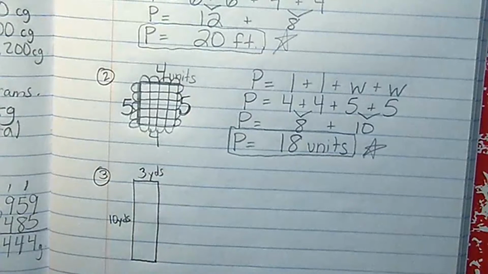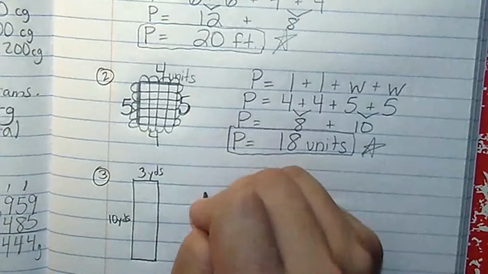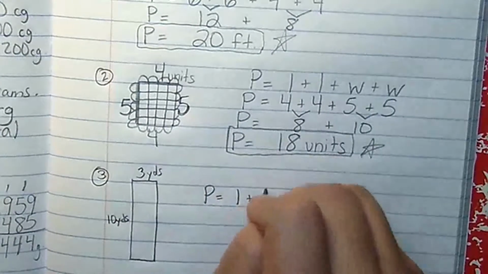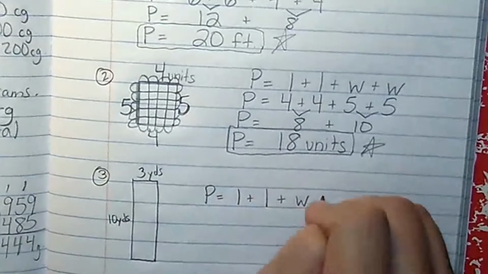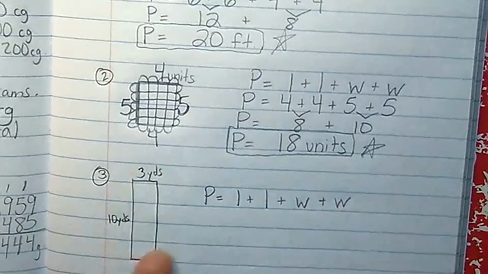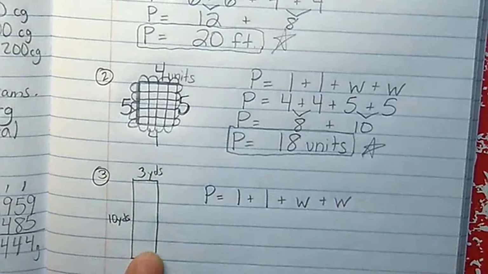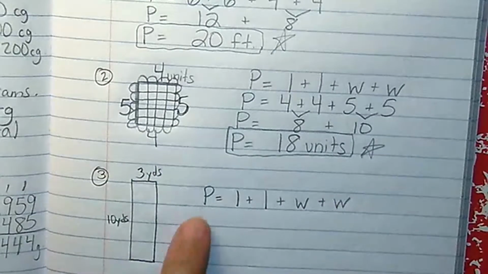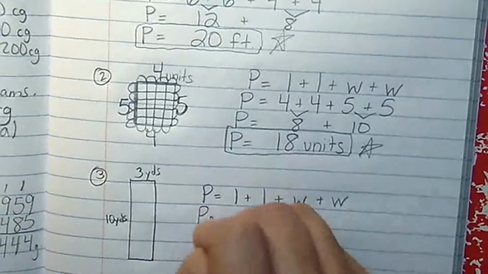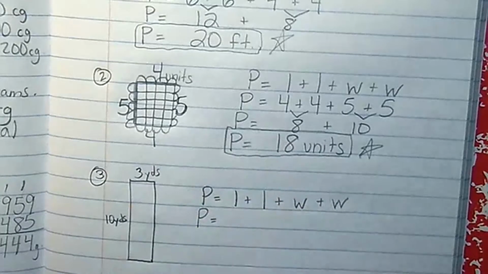So the very first thing I do is I need to write my formula. Perimeter equals length plus width plus width. Did they tell us what the perimeter is? No. So that's what we have to find. We have to solve for this P. Perimeter equals, well, let's decide what we're going to use.